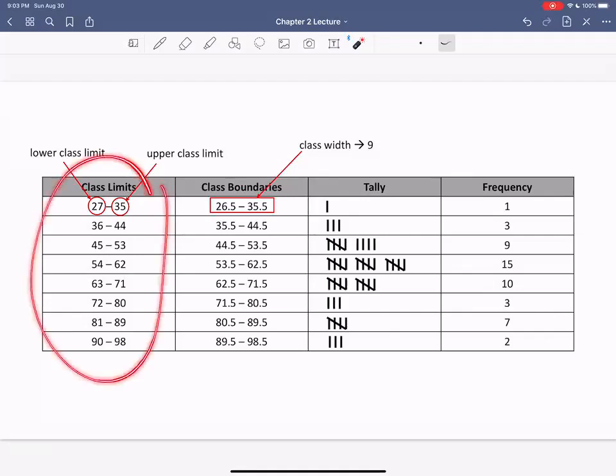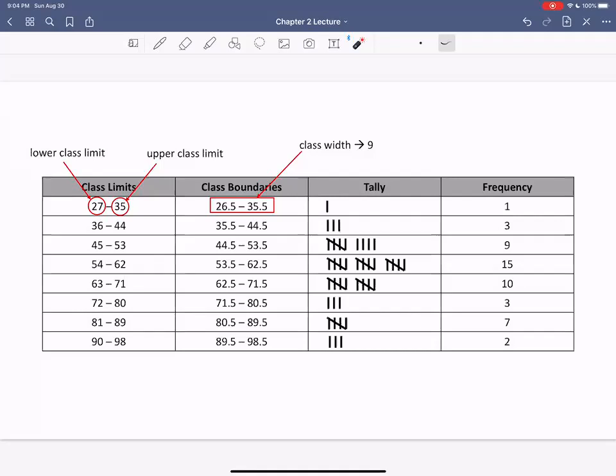I know I showed you class limits, but now we also have something called class boundaries, and I've already labeled them for you. For the class limits, we have what we call a lower class limit, which would be your bottom number here, and you have your upper class limit, which would be your upper number. Then you have the class boundary. You can see the class limits are actual whole numbers in our case. The class limits are the type of numbers that we have in our data.